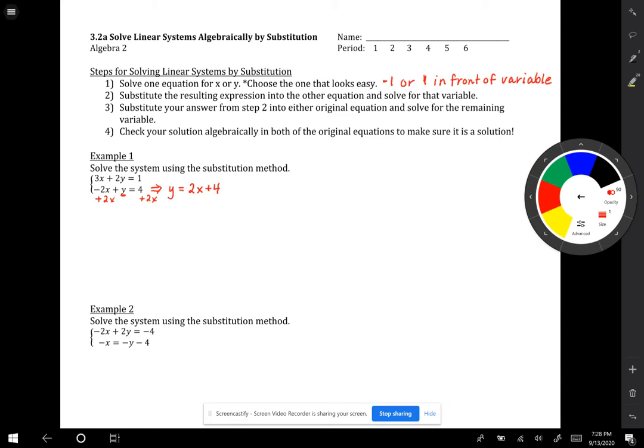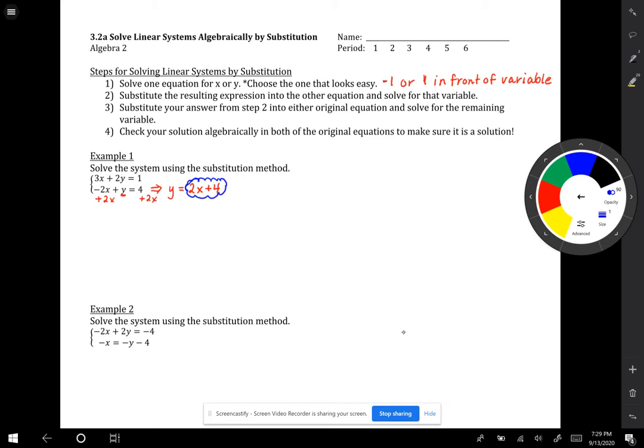Okay, now what do we do with that equation? Here's what I tell students. Since y is a variable on the left side, make a little bubble around the right side. That is your resulting expression, the one that you are going to put into the second equation for y.